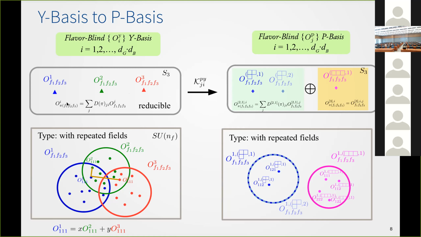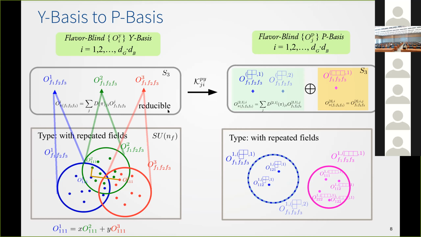And any permutation of the flavor indices, which is what this S3 acts on, can be expressed as a linear combination of the original Y basis operators with indices unpermuted. And the linear combination coefficient is exactly the representation matrix d(π) of these reducible representations.